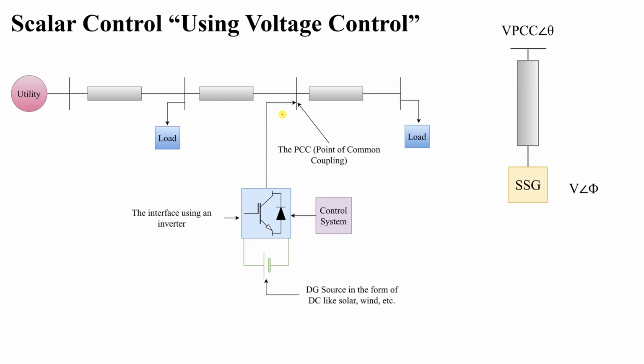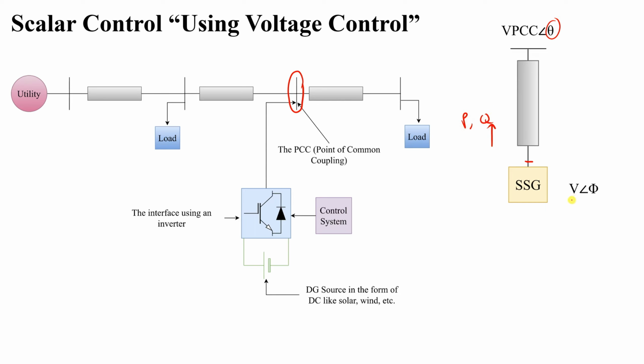Now, we can represent the system as we said before: the static synchronous generator at this point has a voltage V and angle phi, and V_PCC at the point of common coupling has angle theta, right? Now, the question is, how can I control P and Q given to the grid?